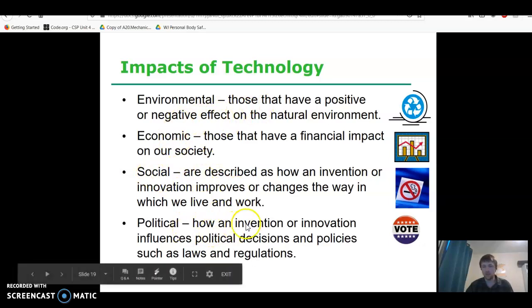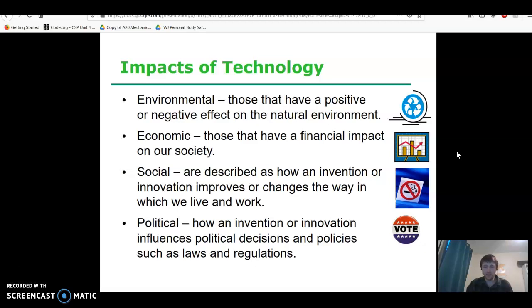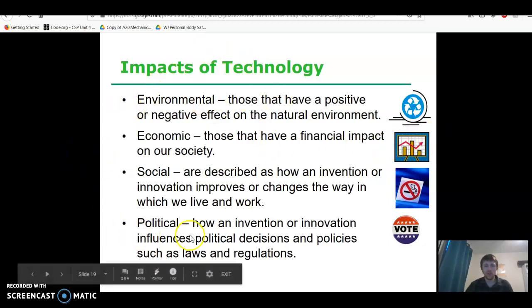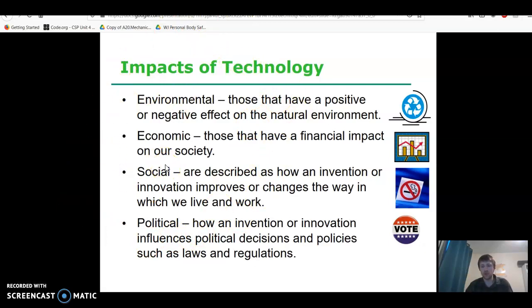Social effects, political effects, all of those could be a part of your marketing strategy. And naturally, if your product has some kind of economic benefit to the buyer, that would also be a great thing to include in your advertising and making sure people know what your product is going to be providing. So these 4 elements are going to be key in making sure your product can sell well.